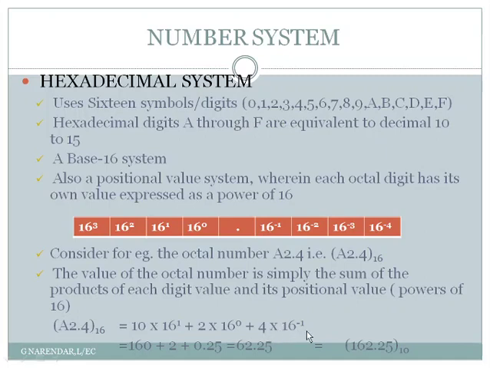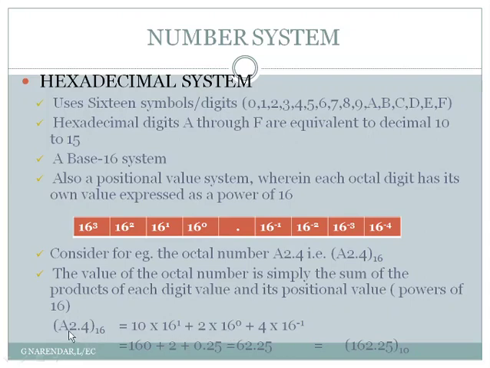There are no more digits to the right of the hexadecimal point, so we'll move towards the left. The first digit to the left of the hexadecimal point is 2, and its positional value is 16 power 0. So we'll multiply 2 with 16 power 0.